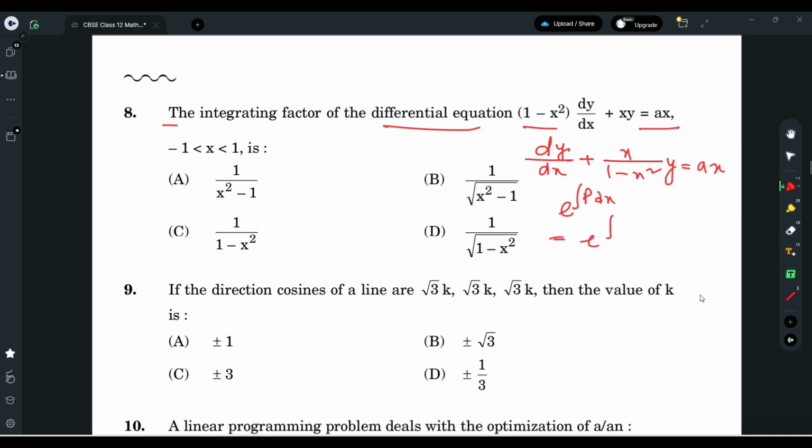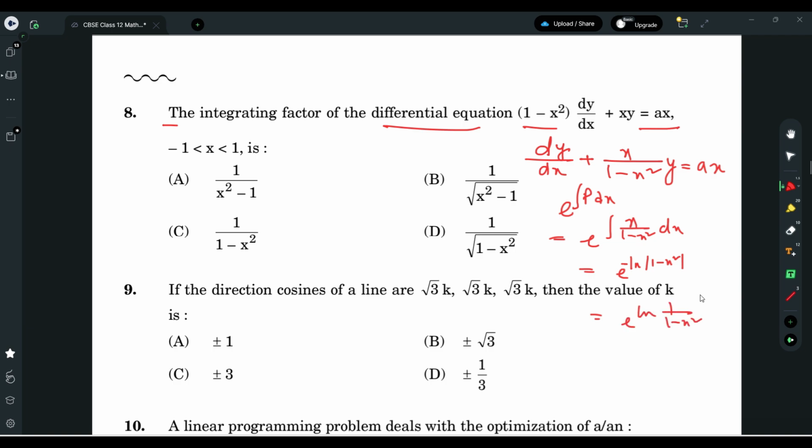That means e to the power integral of x into 1 minus x squared dx, and integrating this will be e to the power ln of 1 by 1 minus x square.